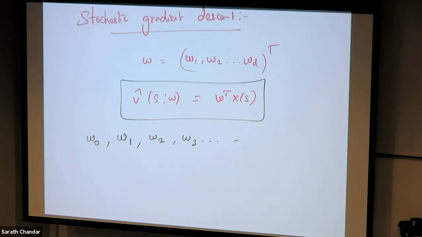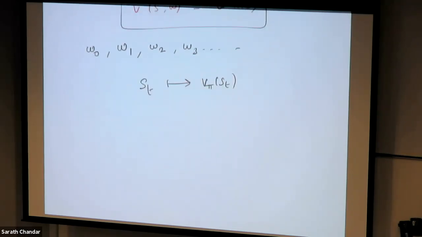Okay, now in each time step, we are going to observe a new example. So the example is basically given some state, what is the target? The target is V pi of st. Now, I still haven't answered how to get this V pi of st. As he pointed out, we don't have access to V pi of st, but for the moment, let us say we have access to V pi of st. So then my stochastic gradient descent update is going to look something like this.